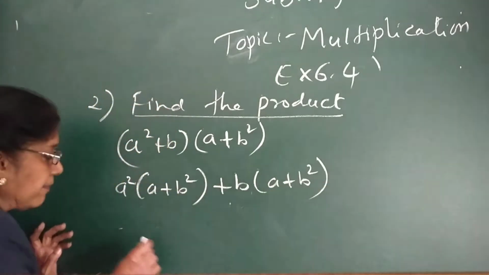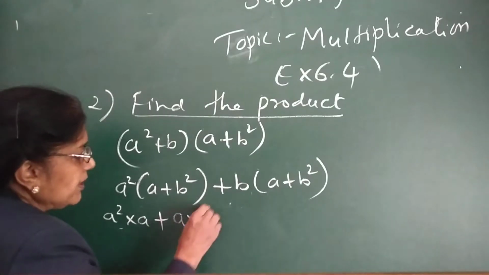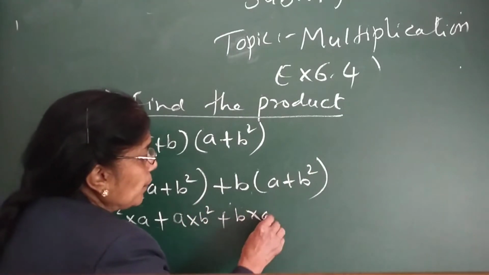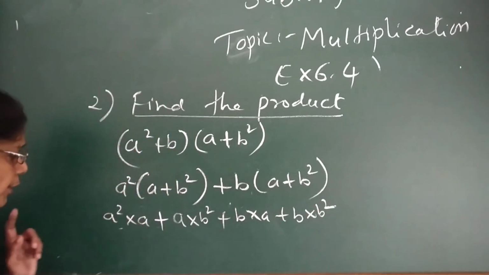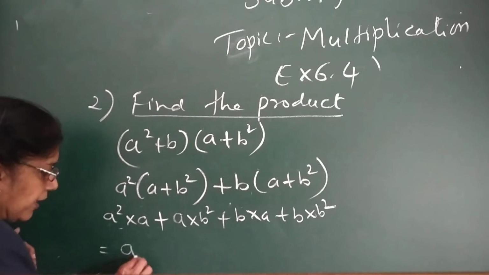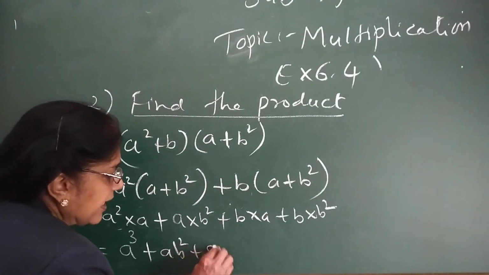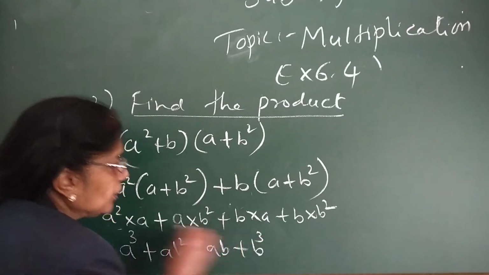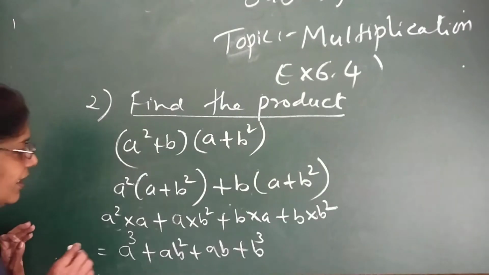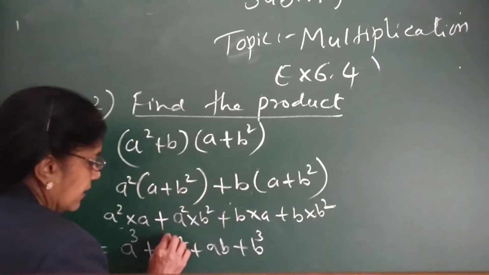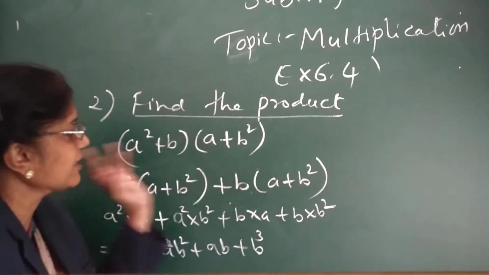Now we have to remove the bracket. a square into a, plus a square into b square, plus b into a, plus b into b square. a square into a, 3 times, so a to the power of 3, plus a square b square, plus ab, plus b cube. So this is the answer you get when you multiply a square plus b in the bracket a plus b square.